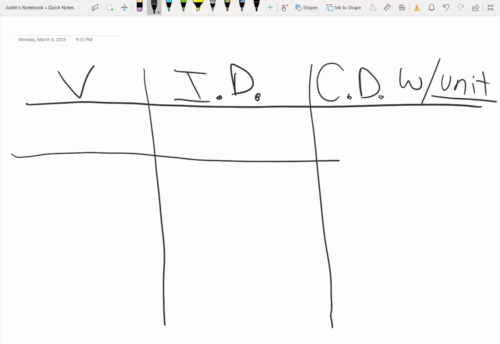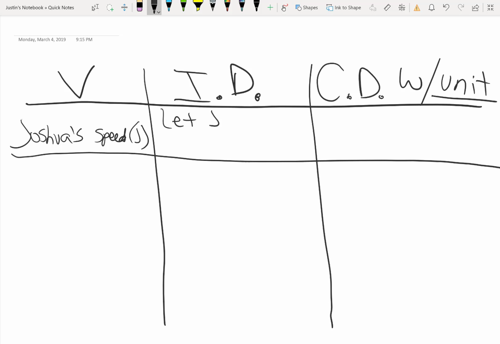So let's look at the first one. It says Joshua's speed, and that's J. So the variable for that is J. And then this one says let J represent Joshua's speed.